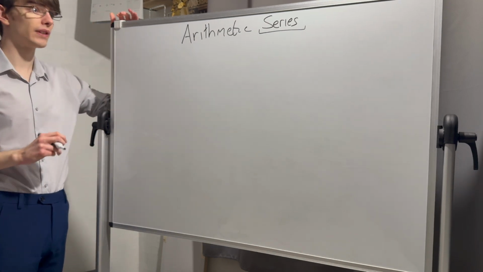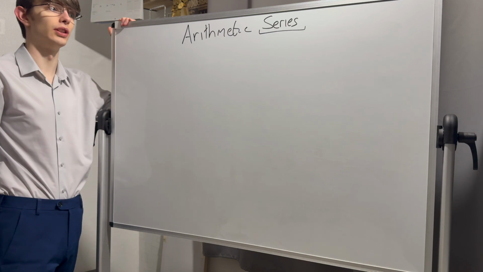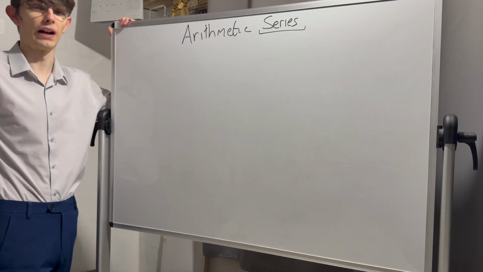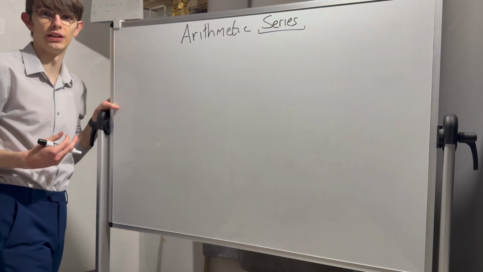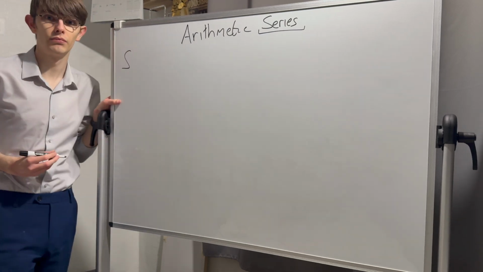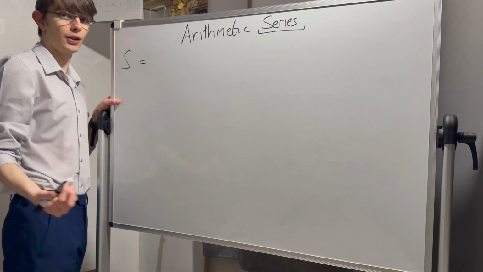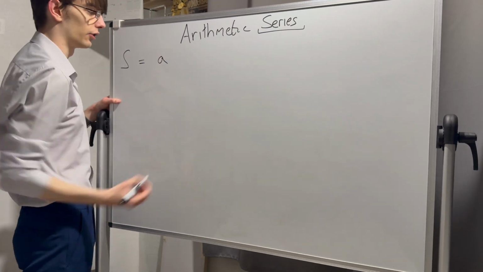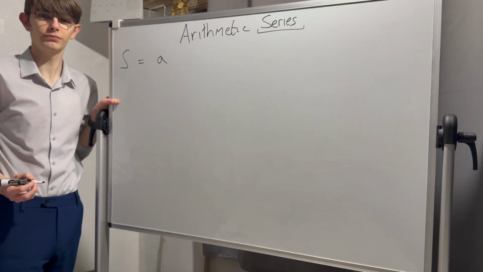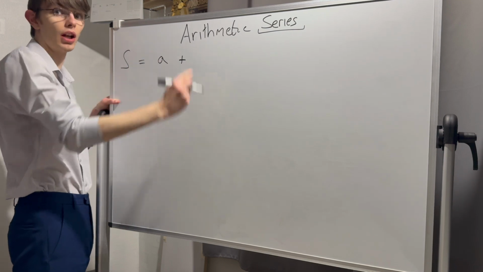Right, step 1 is we're going to algebraically write out all the numbers in an arithmetic sequence and then add them all together so it'll be a series. So I'm going to call this S, the sum of these values. Well, the first value in an arithmetic sequence or series we know is A. The second value is our first value plus a number.